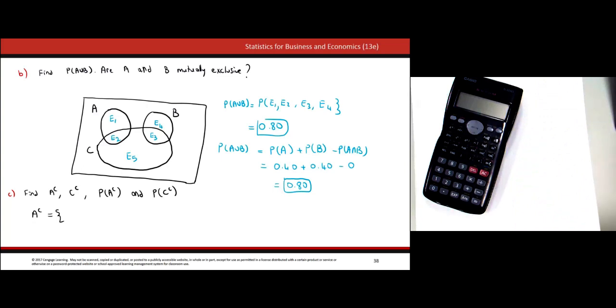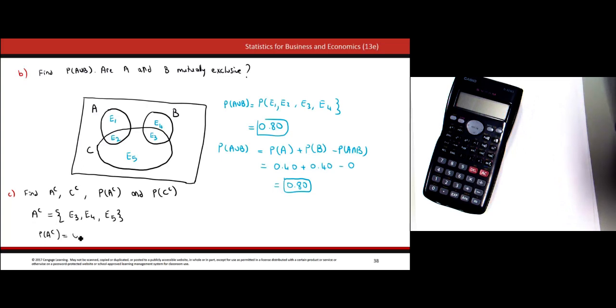E3, E4, E5. A complement, outside of A. And probability of A complement is 0.6. You either add the sample point probabilities or it is 1 minus probability of A, which is 0.6.